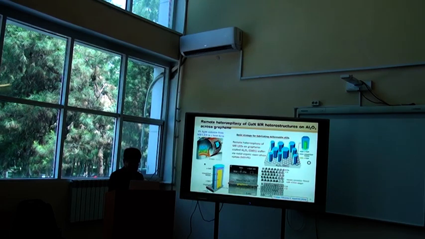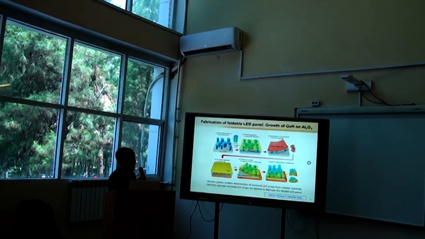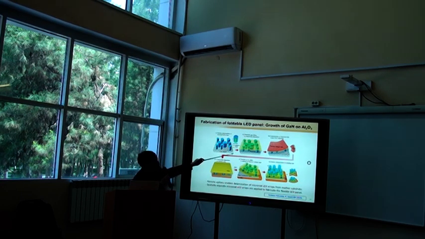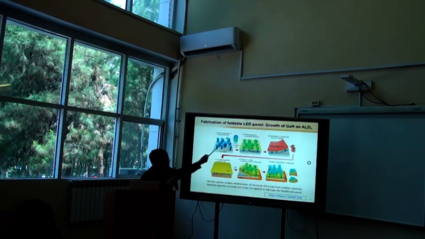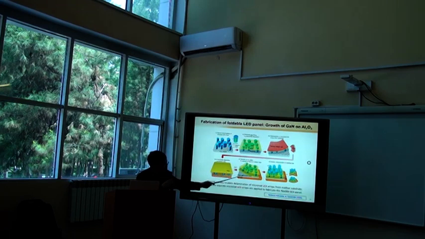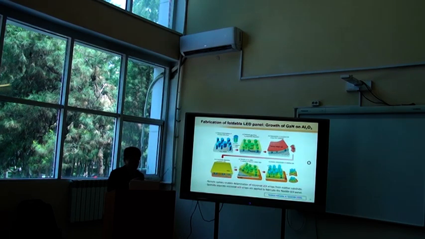And here the experimental group made an LED display using this material. This is a micro-rod LED array grown on the graphene-coated aluminum surface, and they put the P electrode on top and, in reverse, the N electrode on the bottom side. Using this, they developed flexible LED panels.